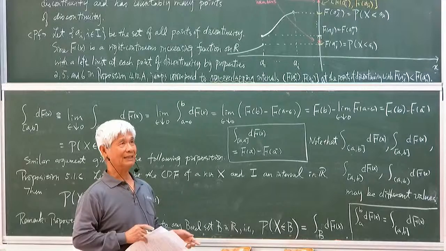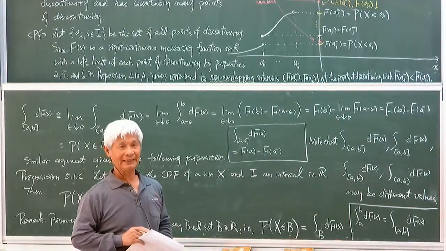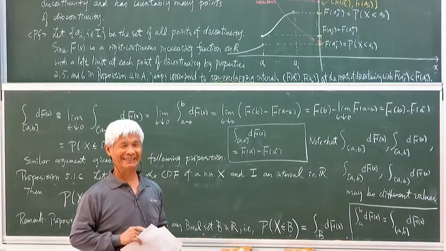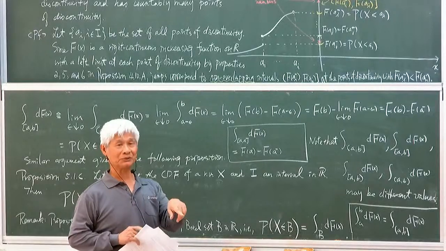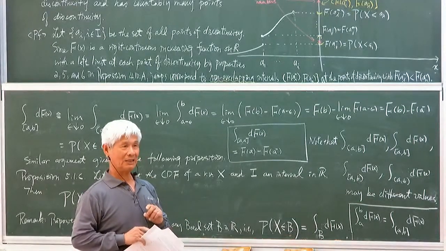Just like in calculus 1, you study functions of one variable, and in calculus 2, you study functions of several variables. That's why the prerequisite of this course asks you to take calculus 1 and 2.